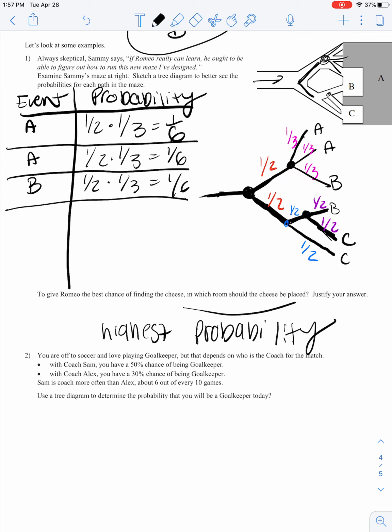Okay, and now we have him getting to room B again, but going this way, straight, 1/2 times 1/2 times 1/2, which is equal to 1/8.